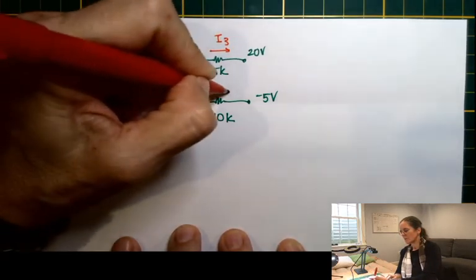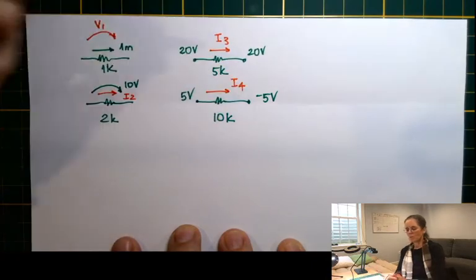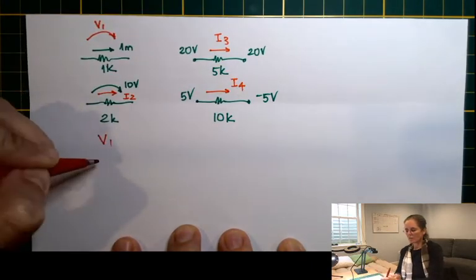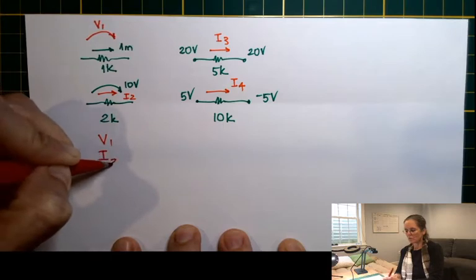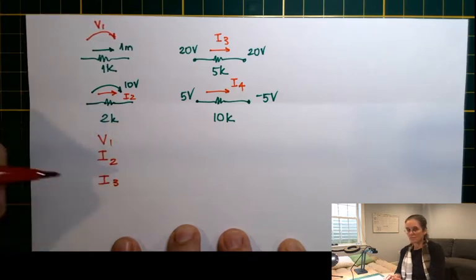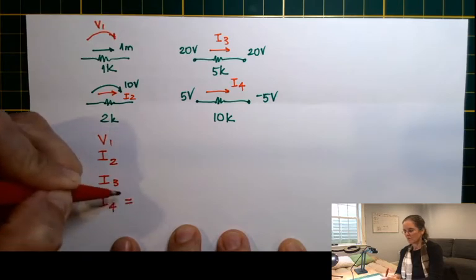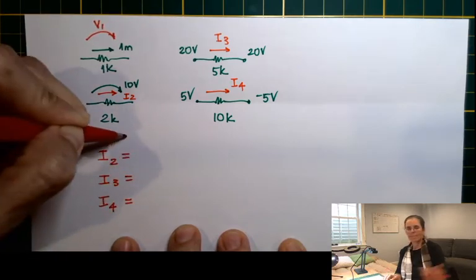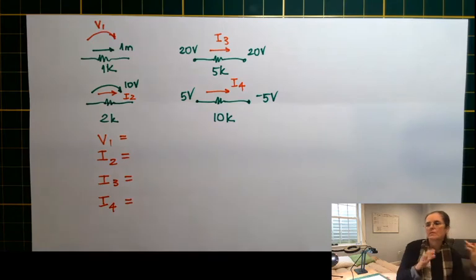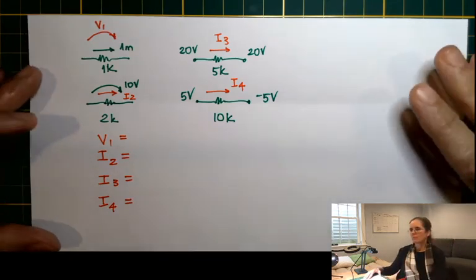And then I'm going to ask, what is I4? I'm hoping all my 285 students will be able to answer these. If you are a 285 student, pause the video now and write down these answers, and then come back and take a look at what I'm going to use.